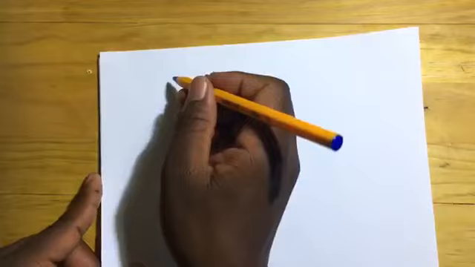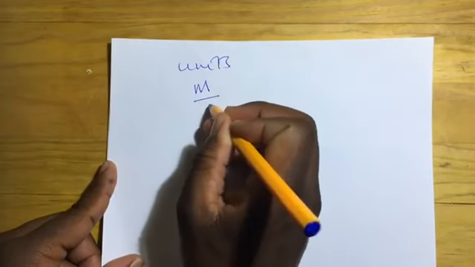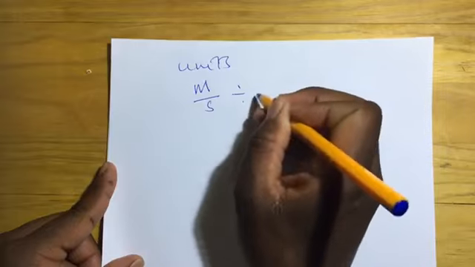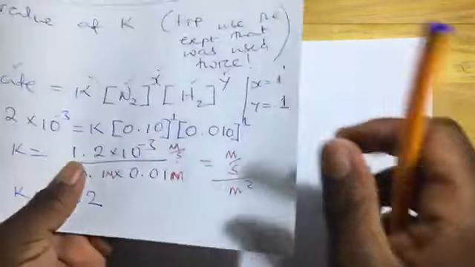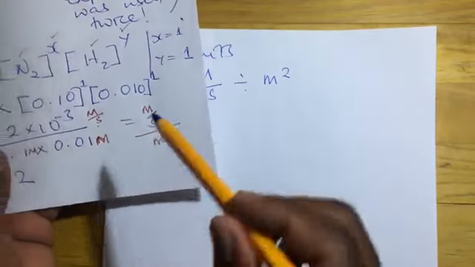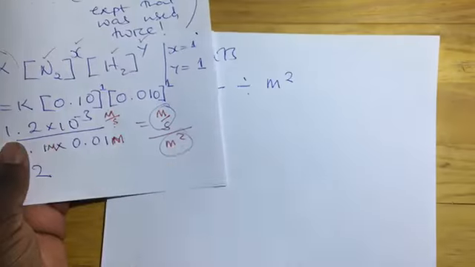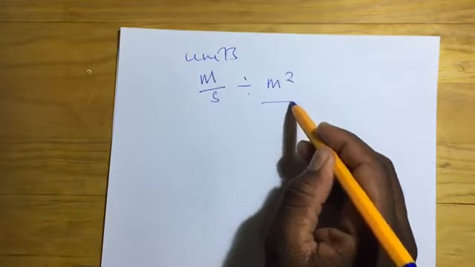Let's just go to the next page. So we are dealing with the units. We have molar per second divided by molar squared. This is the same as what we have on top divided by what we have below. Now, this is as good as over 1.